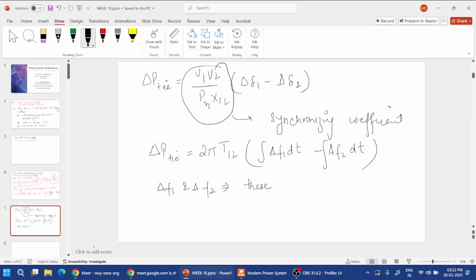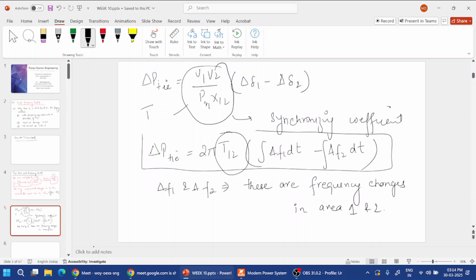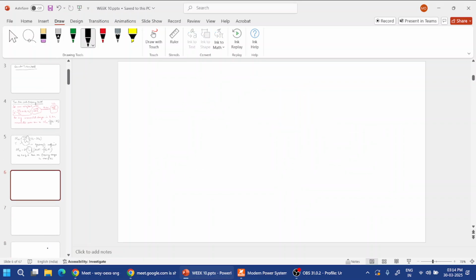These are the frequency changes in areas 1 and 2, and T12 is the synchronizing coefficient. With this equation we can say that the tie line power depends upon the change in frequency.